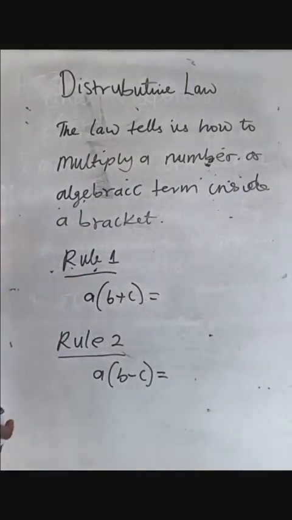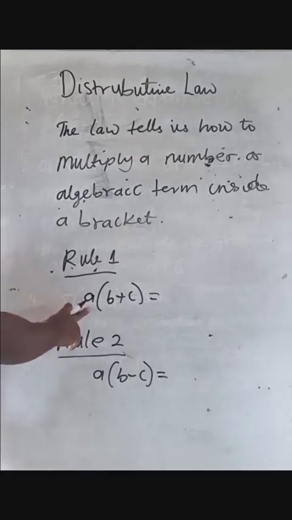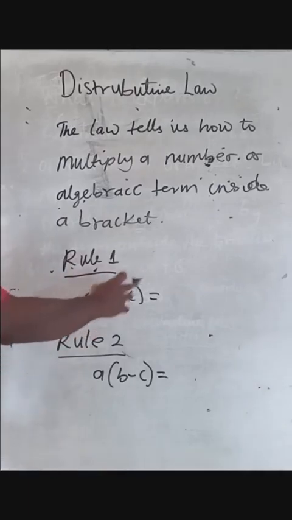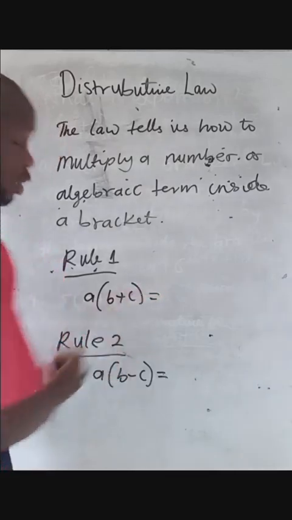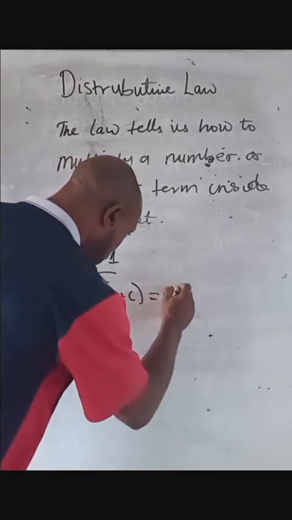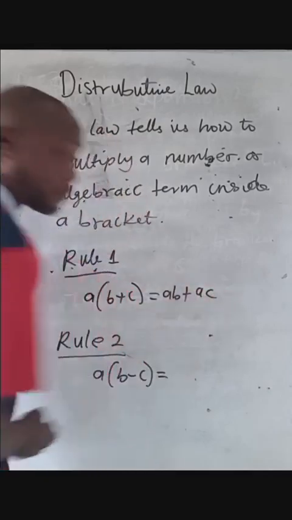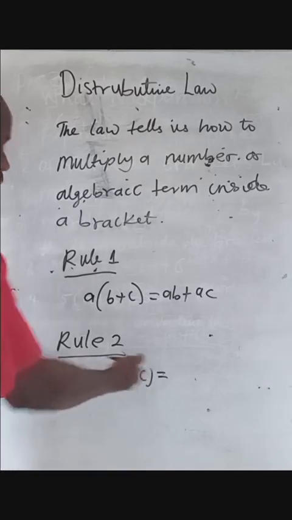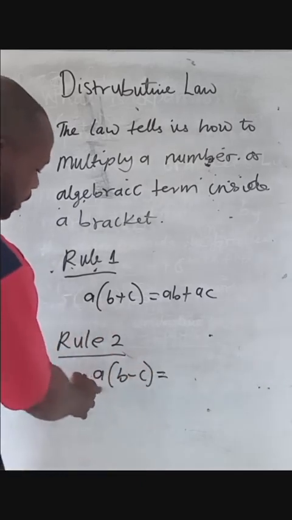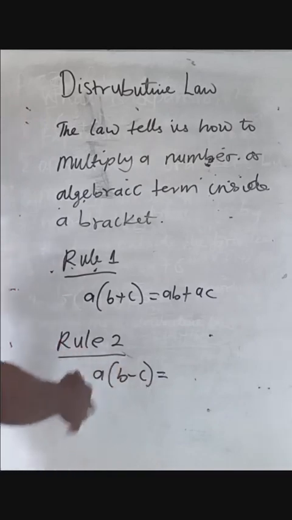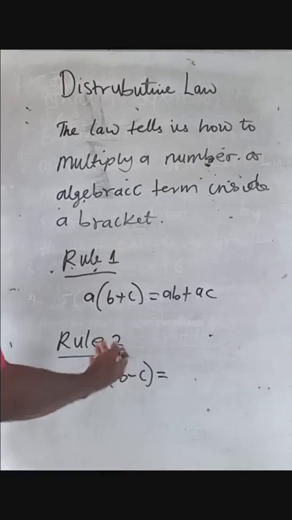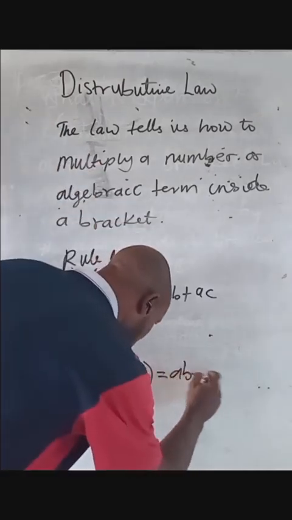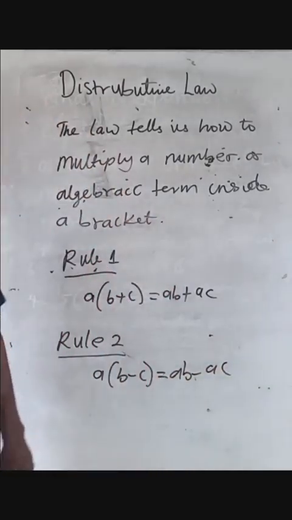Rule 1 states that when you have a multiplied by bracket open b plus c bracket close, the expression is going to become ab plus ac. And rule 2 states that when you have an expression of this form, a multiplied by bracket open b minus c bracket close, the expression is ab minus ac.